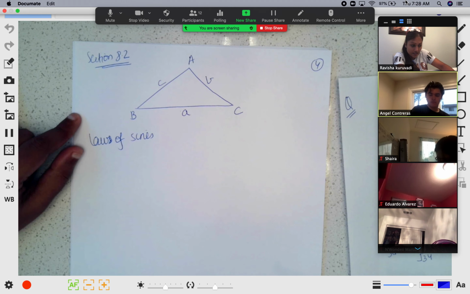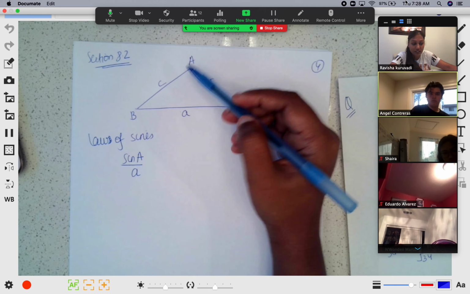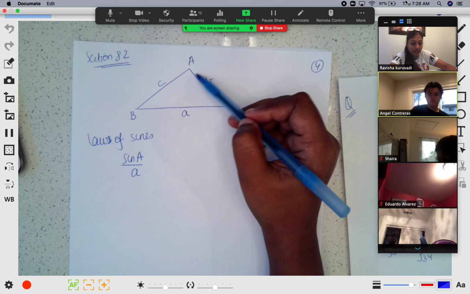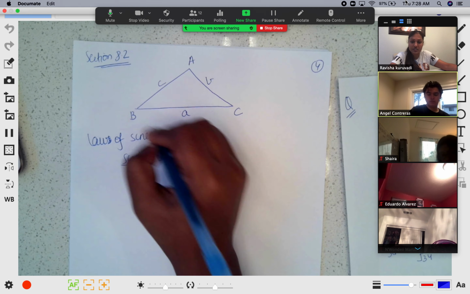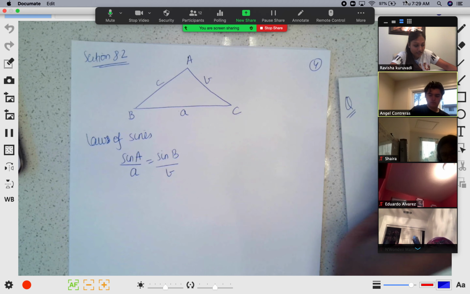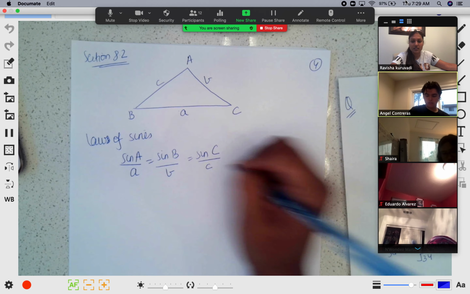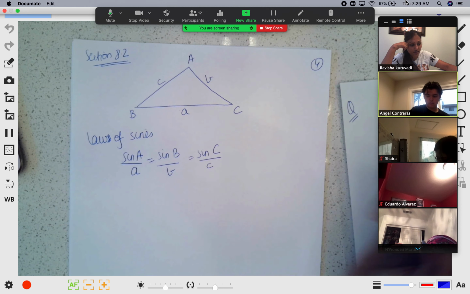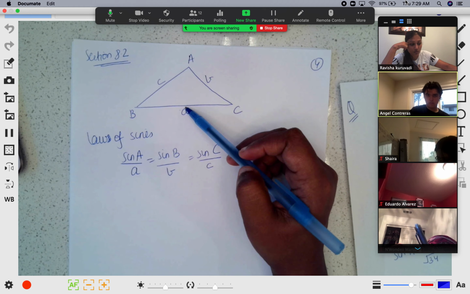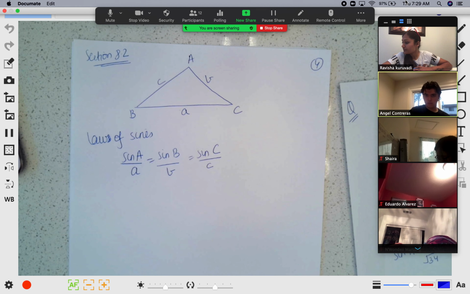It says sine of A divided by a, the sine of this angle divided by the opposite side, is equal to sine of B divided by the opposite one, and then sine of C divided by the opposite side. They all three are equal to each other. So sine of A divided by this side is equal to sine of B divided by this side, and sine of C divided by the opposite side. This is known as the law of sines.